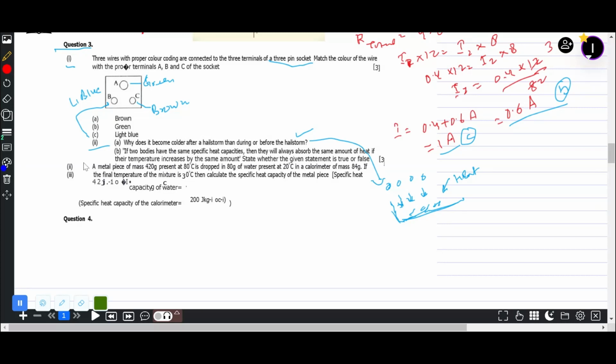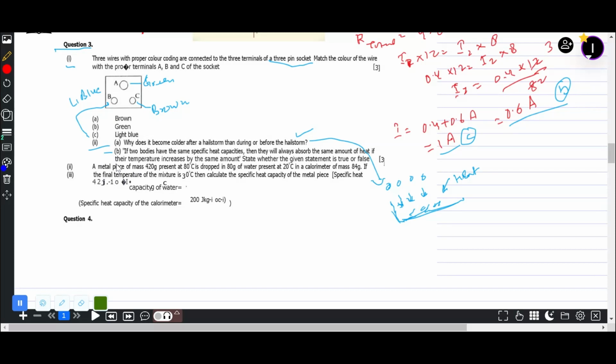Question number B: if two bodies have the same specific heat capacity, then they will always absorb the same amount of heat if the temperature increases by the same amount. State whether the given statement is true or false. Well, no, it all depends on the mass of the body also.